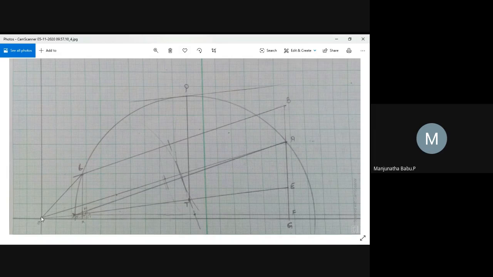From origin O, draw a line up to A of 16 centimeters and mark the point as A. Now draw a line parallel to the x-axis from O dash. Above the x-axis line there is one more horizontal line, which is the parallel line. Now draw a vertical line from A to the x-axis and mark that point as G, and mark the point on the parallel line as F.